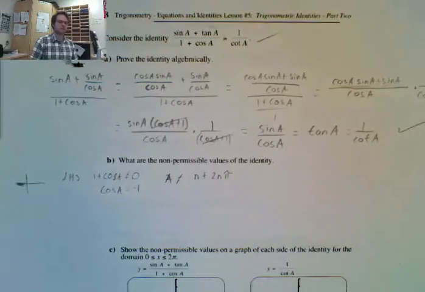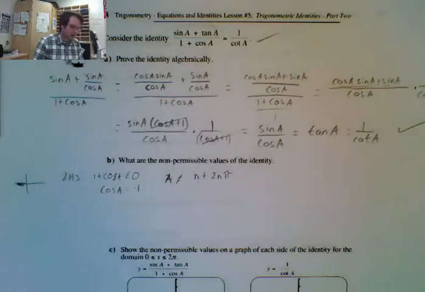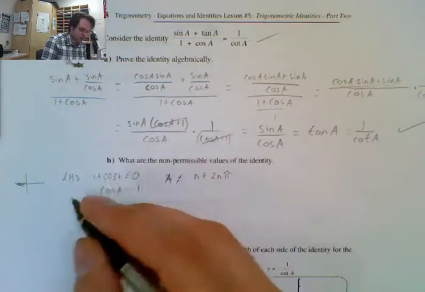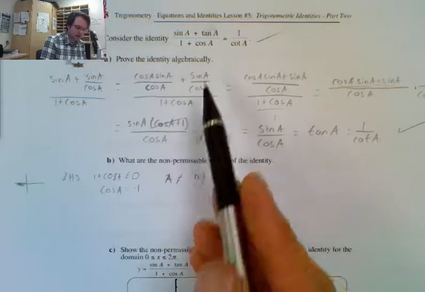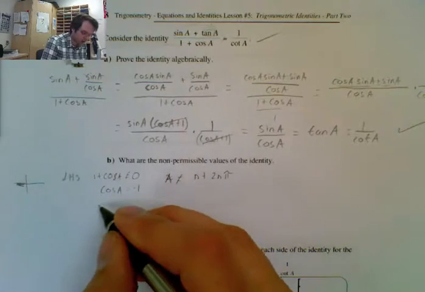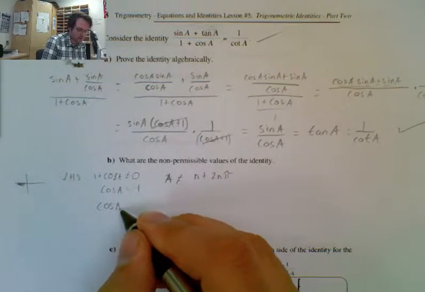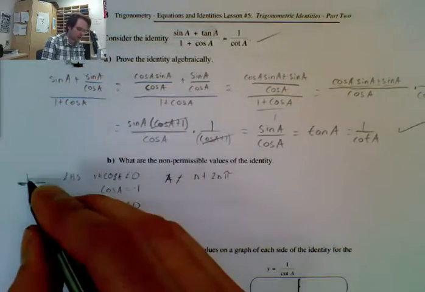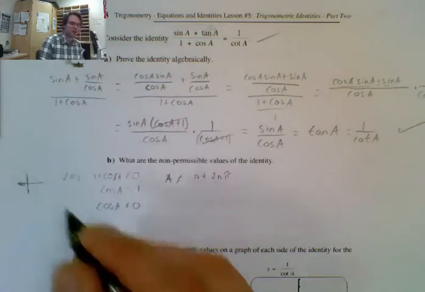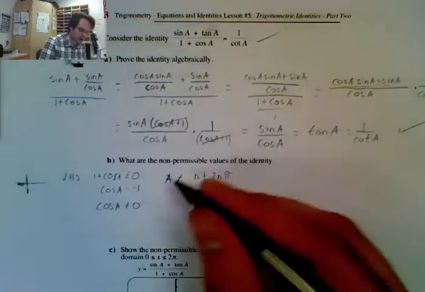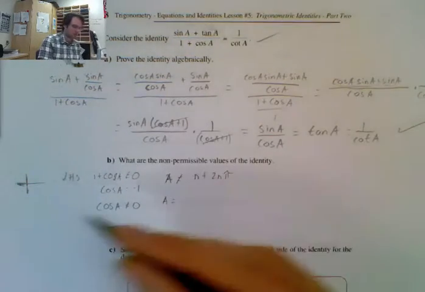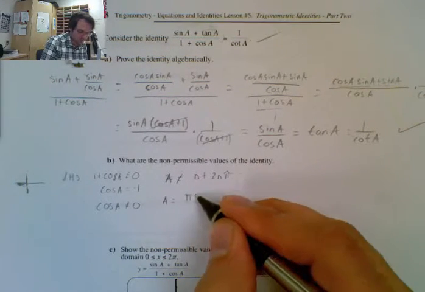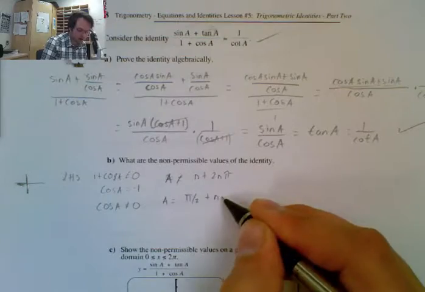Okay? Now let's take a look at my other one here. I have tan. Well, if we're looking at tan, tan is the same as sine over cos. So also know that cos a cannot equal 0. Okay, so where's cos a not equal to 0? Here and here. So it's at pi over 2. So a cannot equal pi over 2 plus n pi.